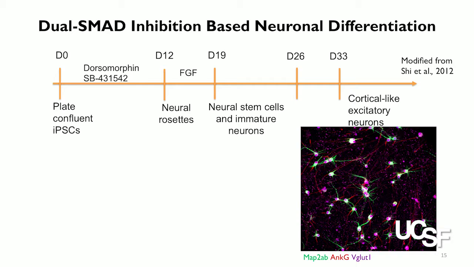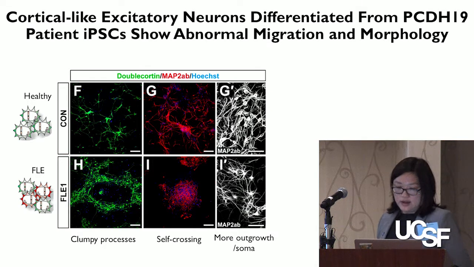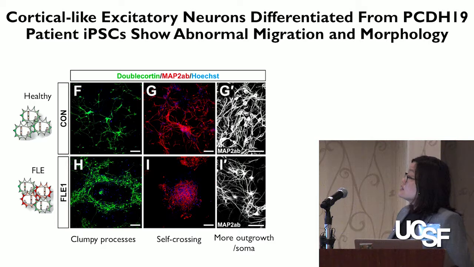And then next, we look at the neuronal activities in the excitatory neurons we generated from this experiment. First, she did a morphological analysis on these cortical-like neurons. The top panel shows the healthy iPS line-generated neurons, and the bottom is the neurons derived from a female patient.